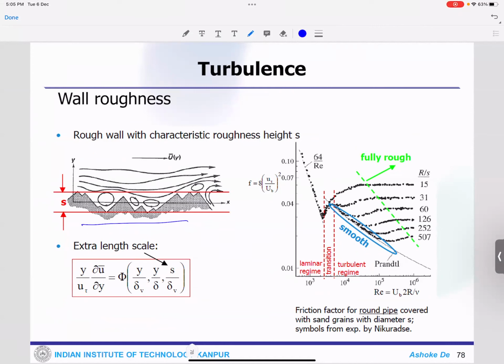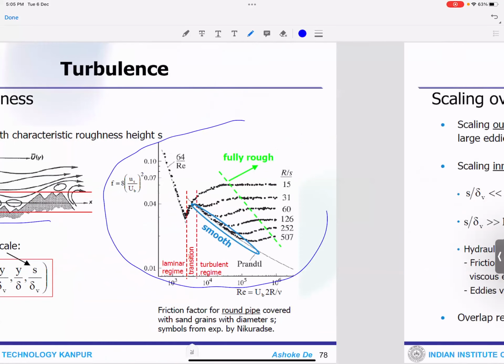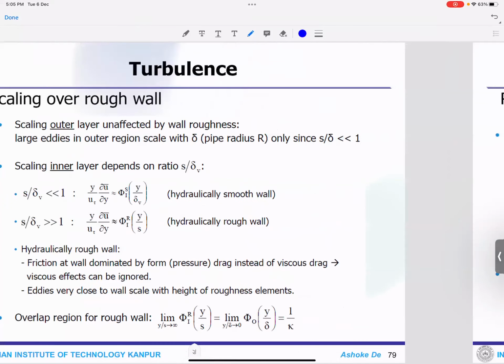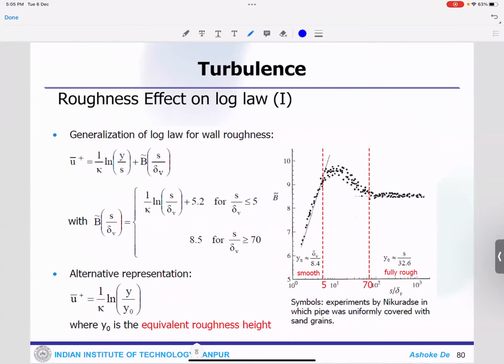And this particular picture shows how the friction factor changes, from fully rough to fully smooth. And if you do the scaling over that, then you can bring in hydraulically smooth or hydraulically rough. I'll come to the scaling law completely. So these are some of the correlations.